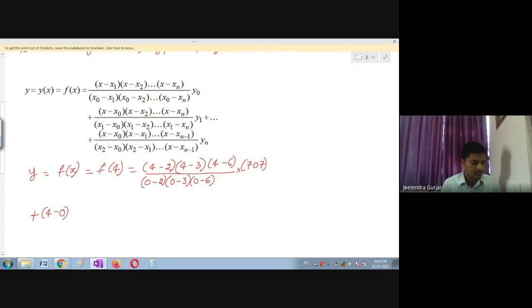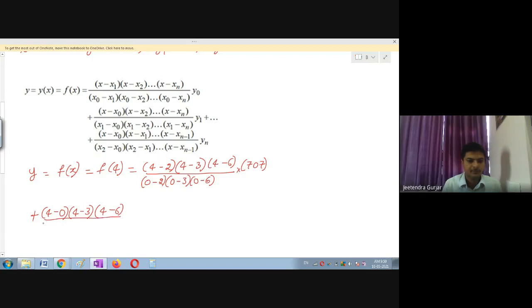Just substitute x naught. Then we have again 4 minus x2. X2 is 3. Then we have again x is 4 minus x3. X3 is 6. So just substitute this value, students.